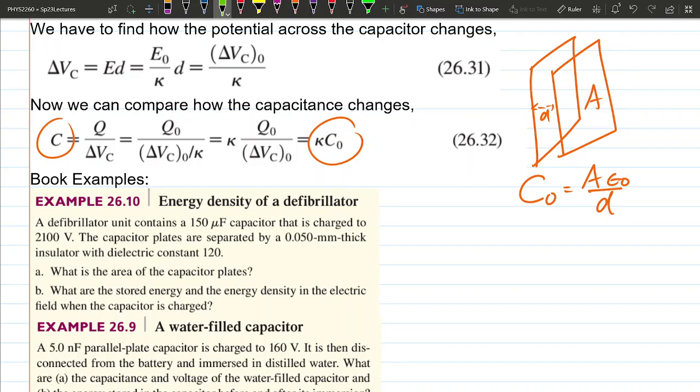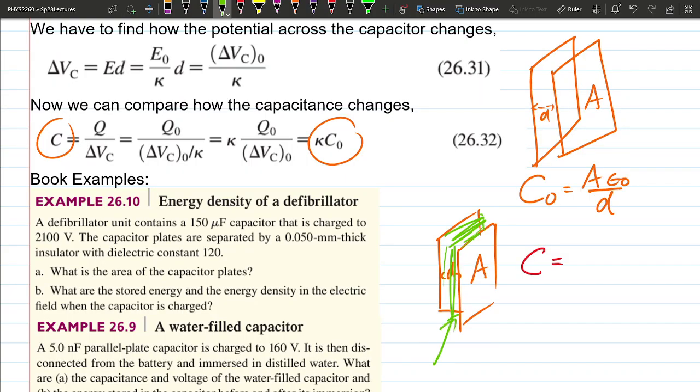If I stick a dielectric between the two, even though it has the same area and the same distance between them, I would get a new capacitor. Let's draw the dielectric in green.